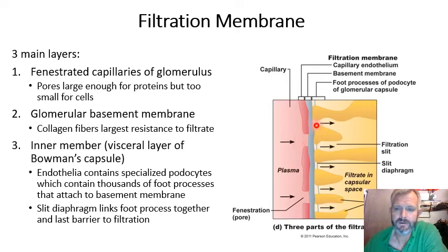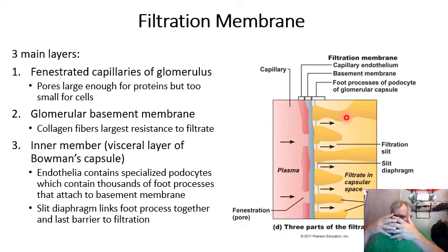Right. Then there is a basement membrane that adheres the visceral layer of the Bowman's capsule, and that is this here. If you remember, we had those podocytes. The podocytes, right? Podo feet, the little podocytes were the ones that wrapped around.